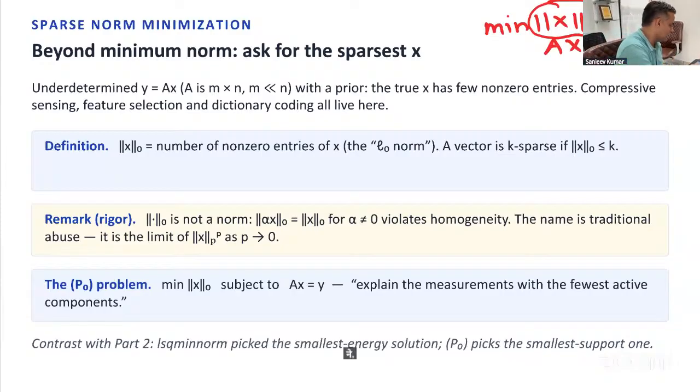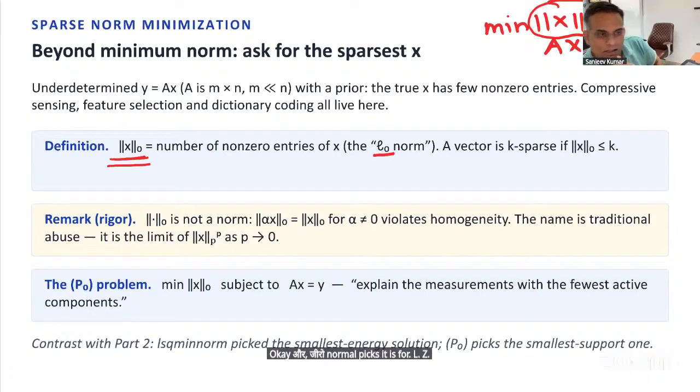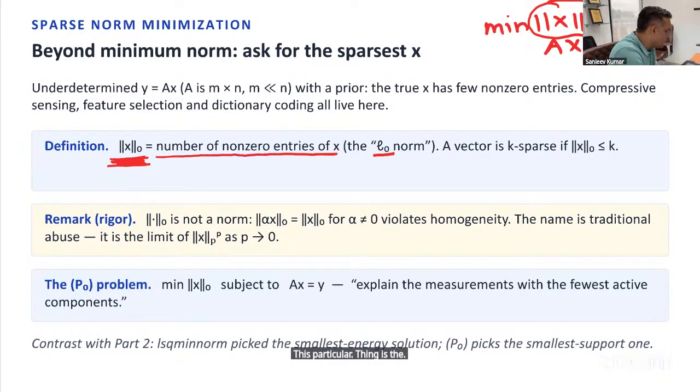There is another thing which is called the zero norm of x, the L0 norm. In reality, it is not a norm, but what it means is the number of non-zero entries of x.